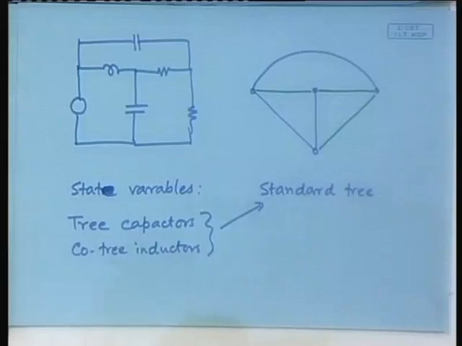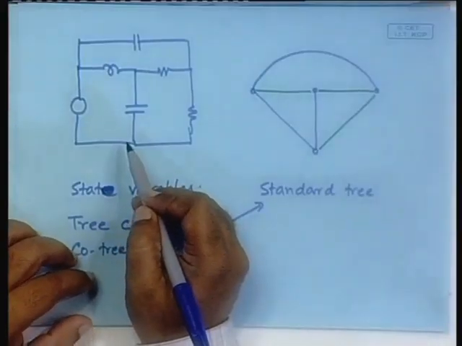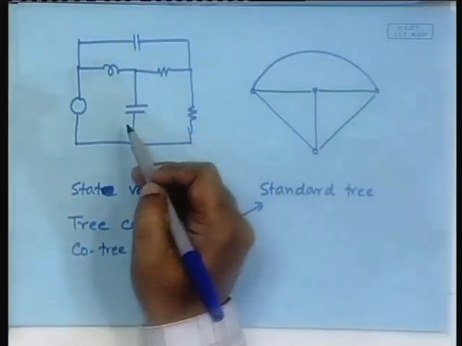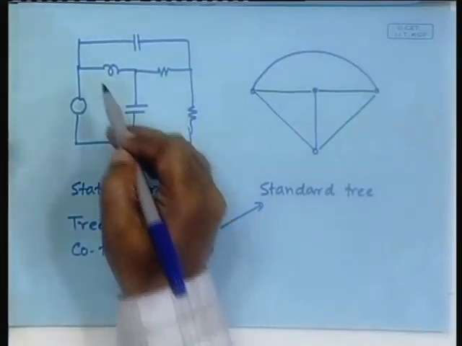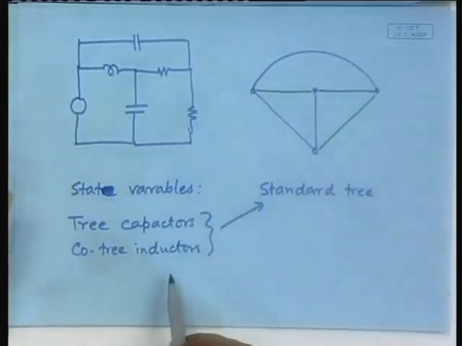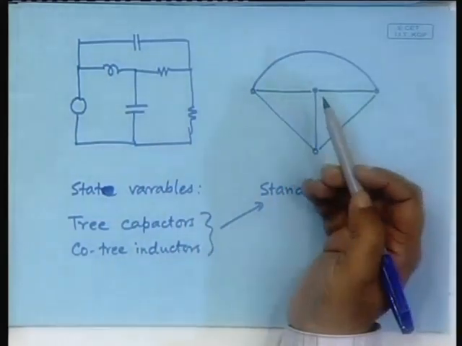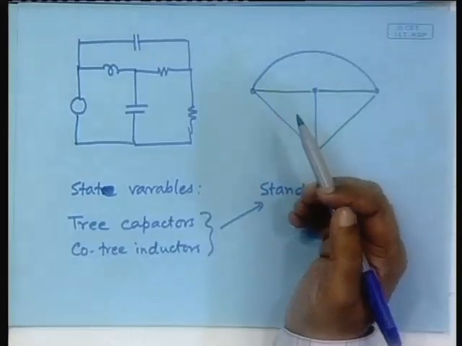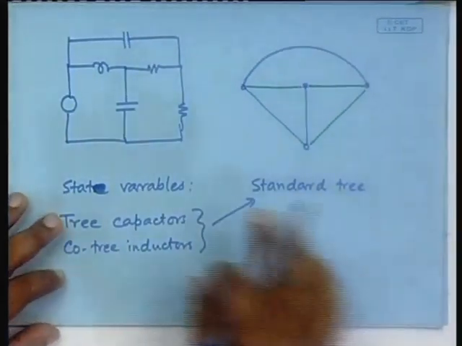Fine. So, we have made a choice of what we will call our state variables. Notice that in those cases where there is some dependent capacitance or dependent inductance, immediately that will go out of the number of capacitances that we choose, because they will not form branches of the standard tree. We will do that by examples.